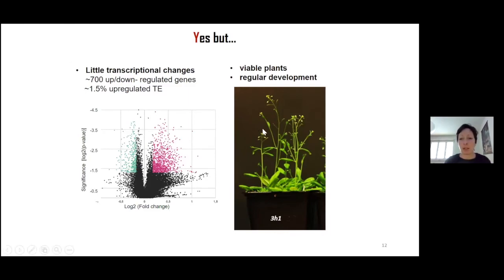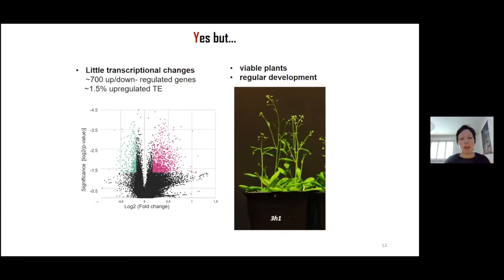So on the right side, what you can see are fairly normal looking plants. They have leaves, they have stems, they have flowers, they are actually fertile. They have apparently a regular development. And if you profile the transcriptome of these plants, accordingly, you find very little alterations.